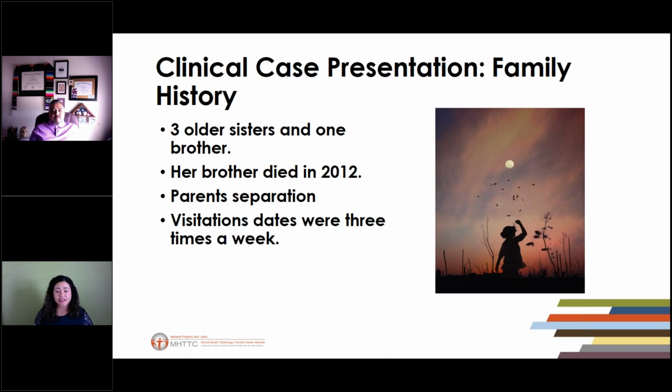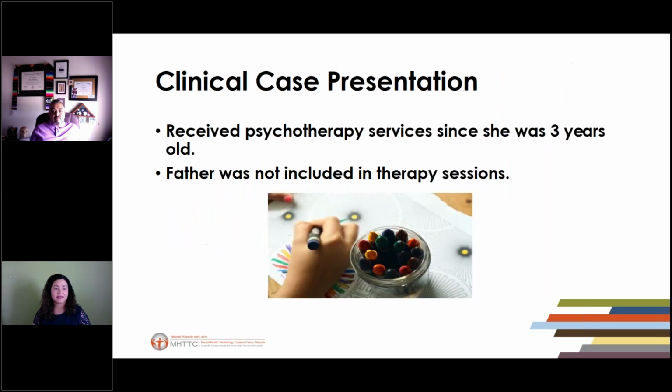As mentioned, the visitation days were 3 times a week, and the client presents a lot of stress and anxiety when she needs to go with her father. It was mainly because the father does not have the parental skills that he needs with a toddler almost, right? The main diagnosis of my client was adjustment disorder. Next slide, please.